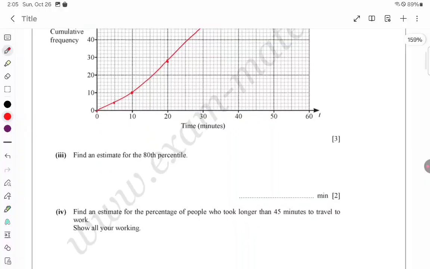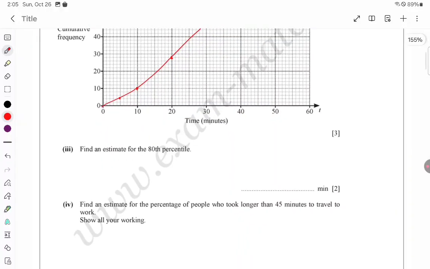Now in part 3, find an estimate for the 10th percentile. Now in order to calculate the percentile, what we do in the percentage, to calculate the percentage, is given divided by total, multiply by 100.